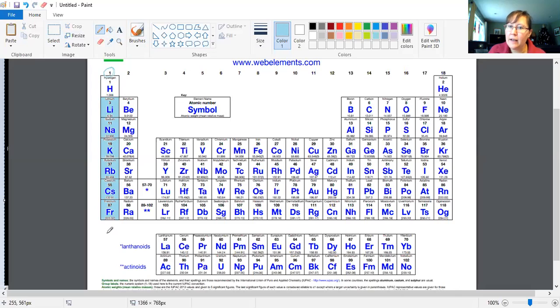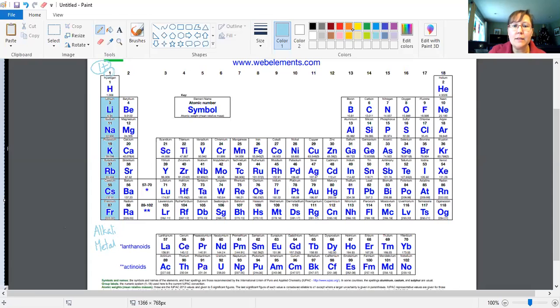These form 1+ charges, which means they lose 1 electron. Hydrogen is its own thing, because hydrogen is a gas, not a metal. Everything that I have marked here in blue is an alkali metal.